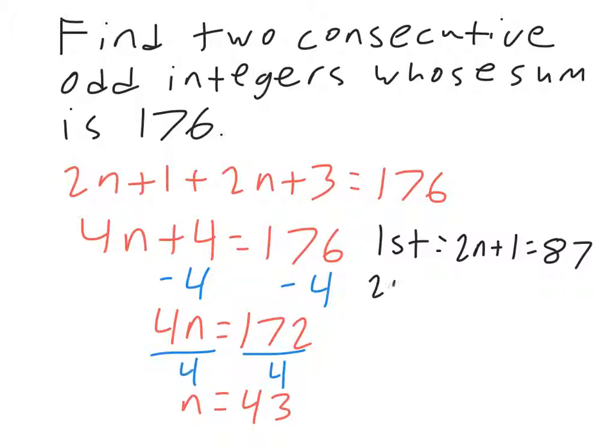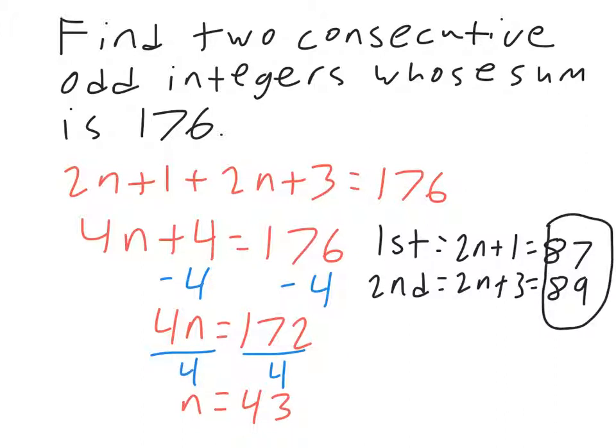The second is 2n plus 3. So same thing. 2 times 43 will give us 86. 86 plus 3 is 89. And they wanted the two consecutive integers, so these are our answers, 87 and 89.